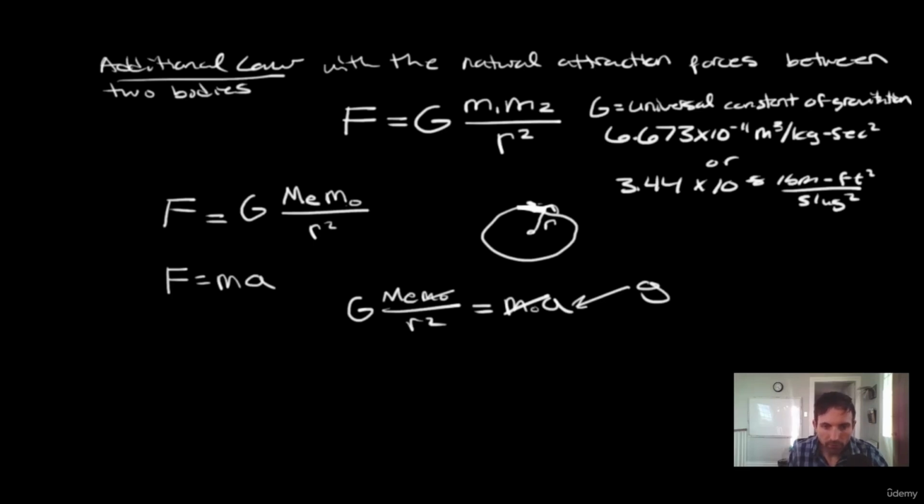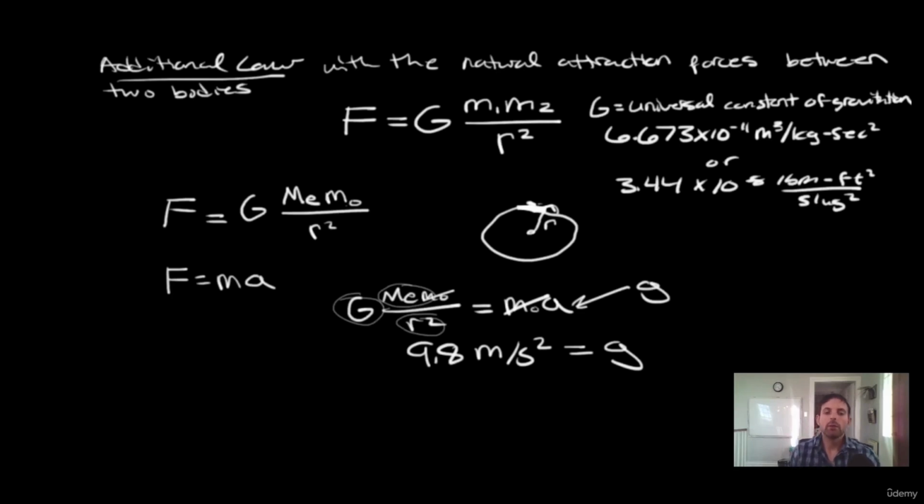So when you multiply the mass of the Earth times the universal gravitational constant and divide it by the radius of the Earth squared, what you will get is 9.8 meters per second squared, and that equals gravity.